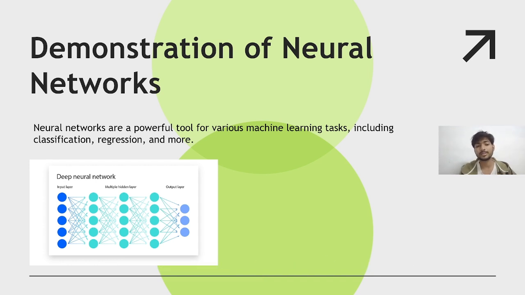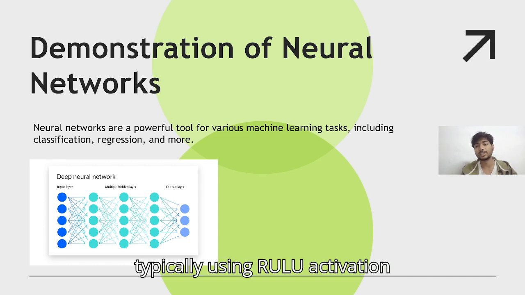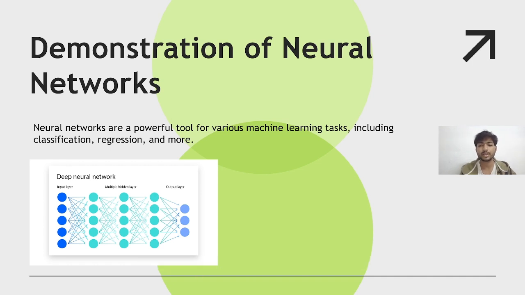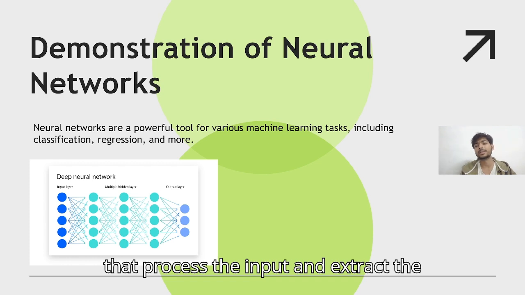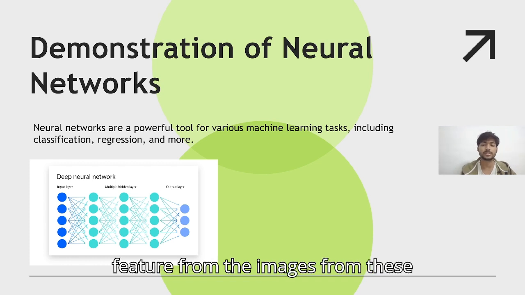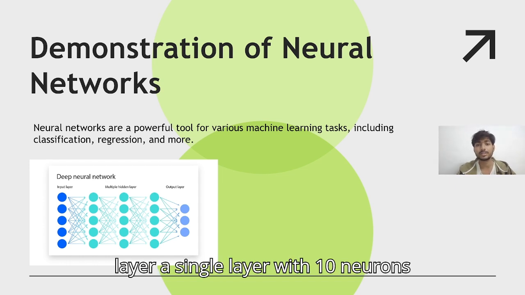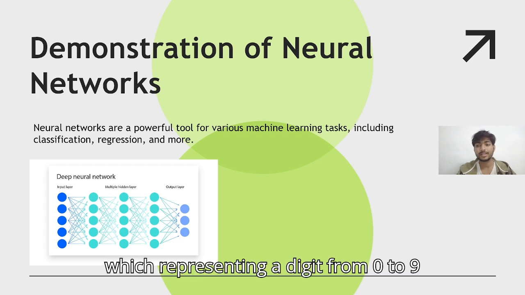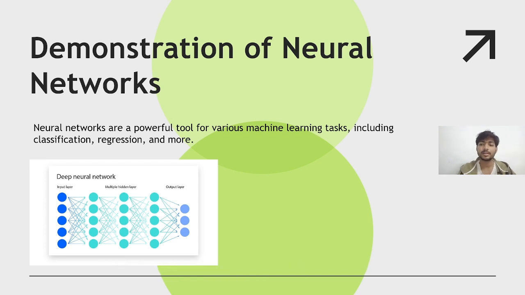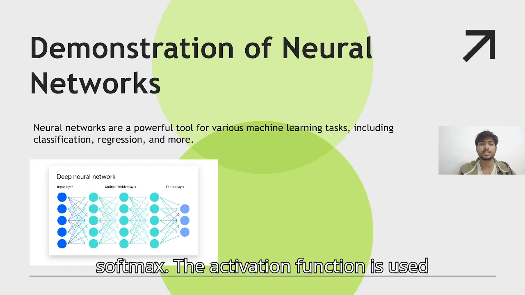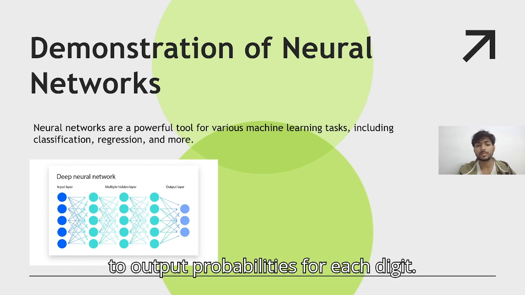After the input layer, we have a hidden layer, typically using ReLU activation, that processes the input and extracts the features from the images, from these pixels. After that we have an output layer, a single layer with 10 neurons, each representing a digit from 0 to 9, and a softmax activation function is used to output probabilities for each digit.